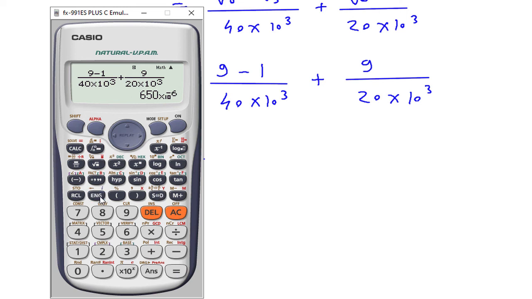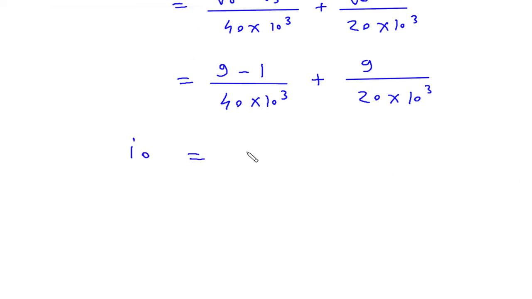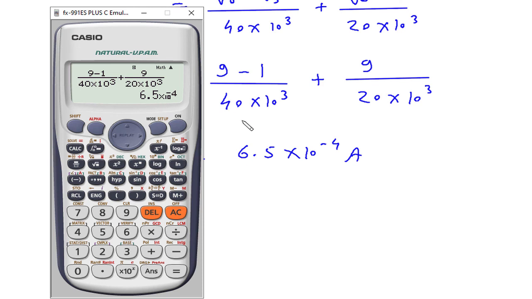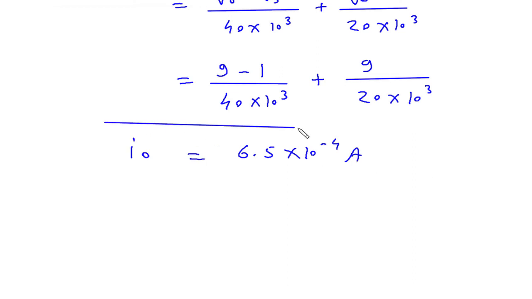So it is 6.5 into 10 to the power minus 4 ampere. This is the value for IO.